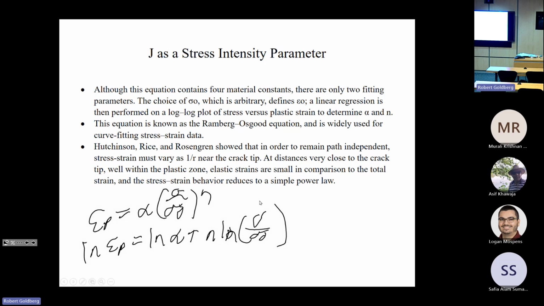And then you just take various values of stress and plastic strain, set them up in a table, and do a log, and just do a best fit on this using the various mathematical functions available in Excel or whatever, and you can characterize this.